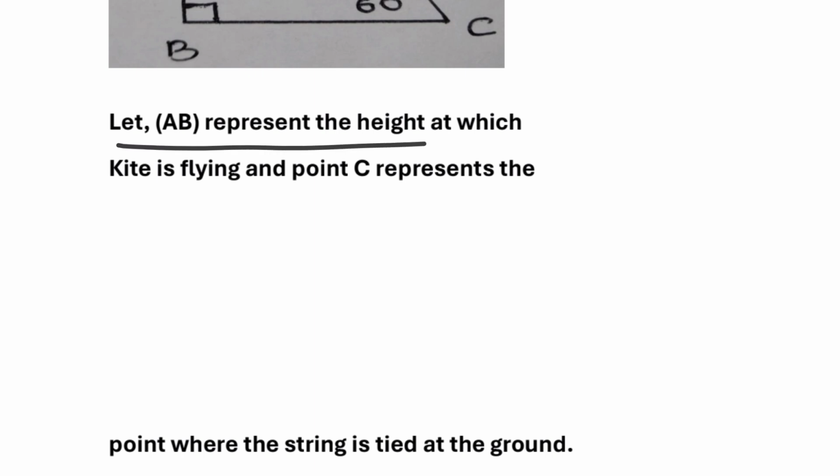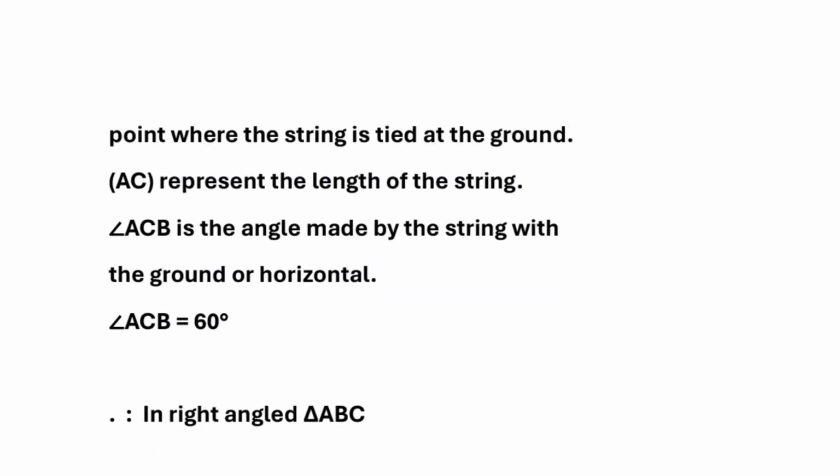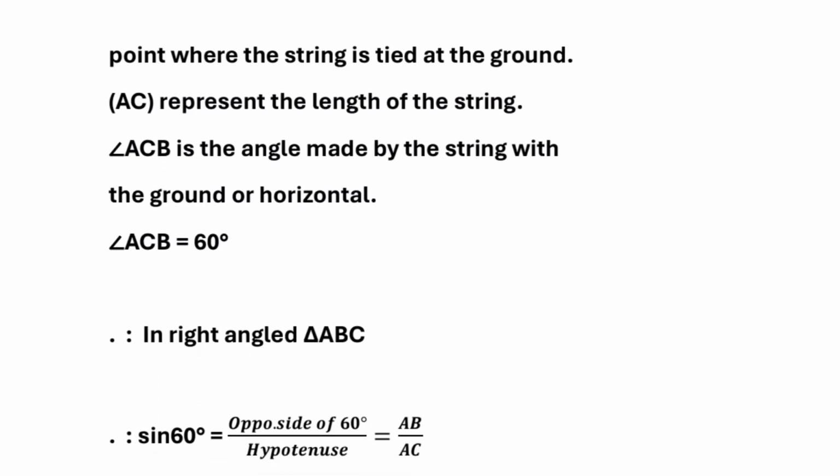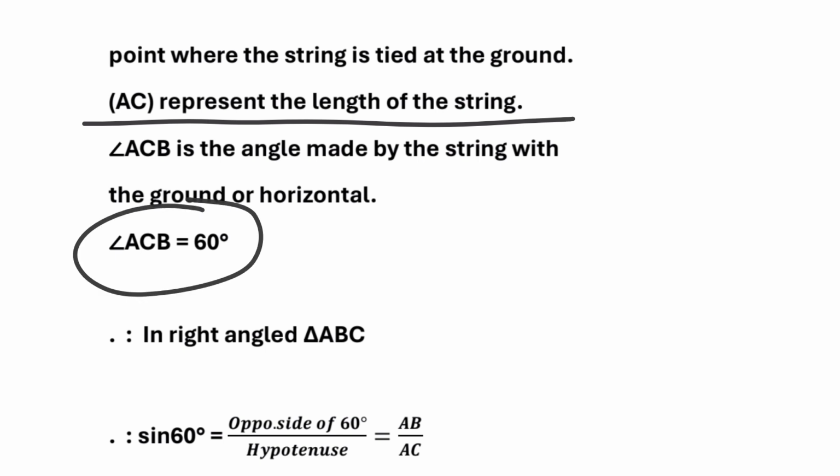Now AB represents the height at which kite is flying, and C represents the point where the string is tied at the ground. Okay. Now here AC represents the length of the string and angle ACB is equal to 60 degree.